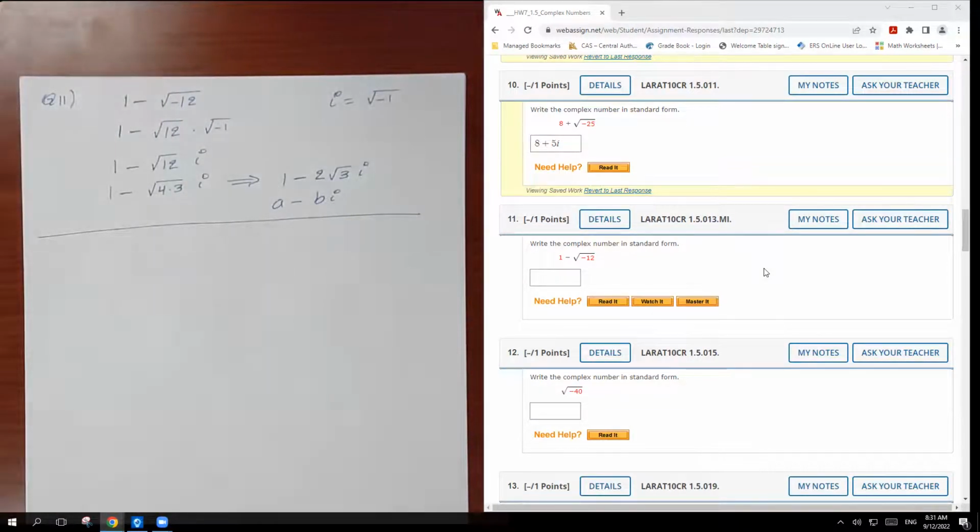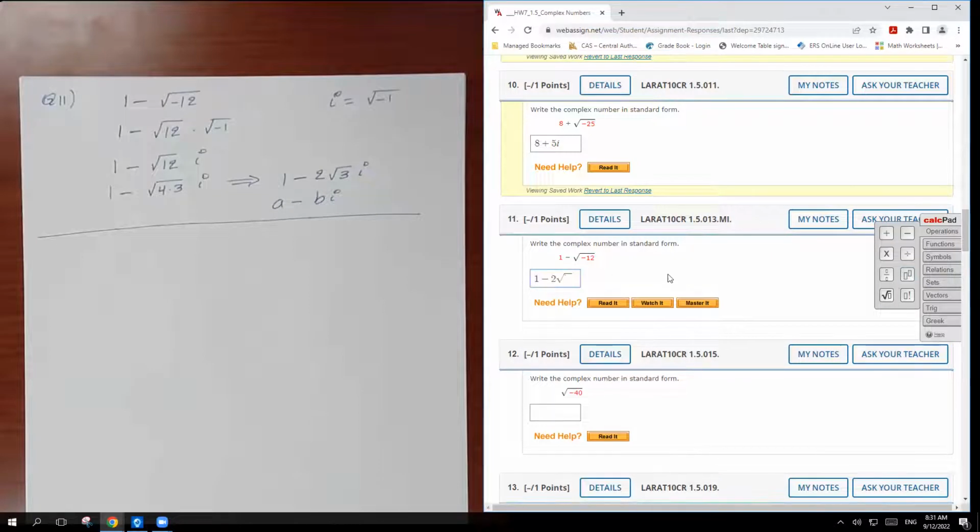So I'm just going to write down here 1 minus 2 square root of 3. And here's the thing. If you type the i right away, it's going to be wrong, because the i is under the root. You have to make sure the i is outside the root.